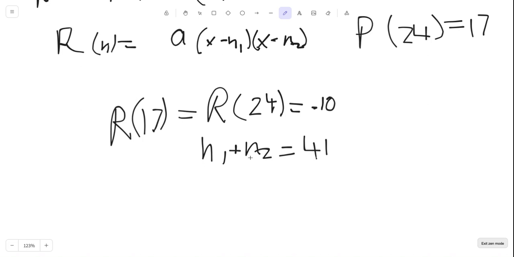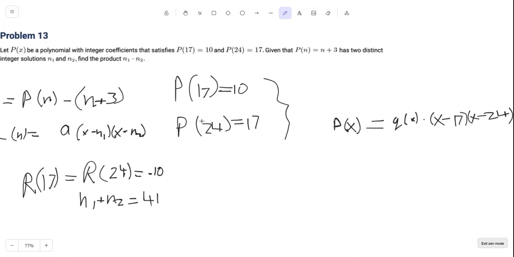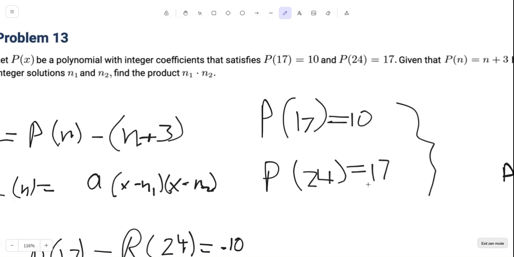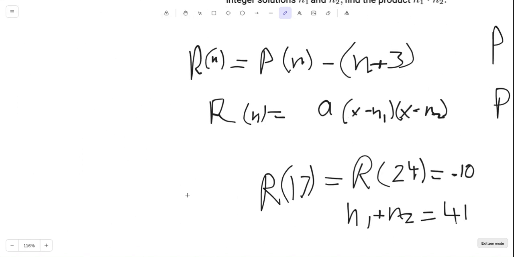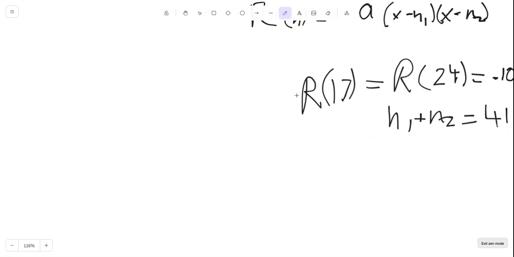Now, what else do we also get? From here, if we know that these two are equal, what does that give us?